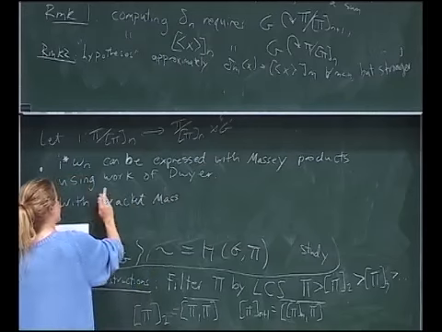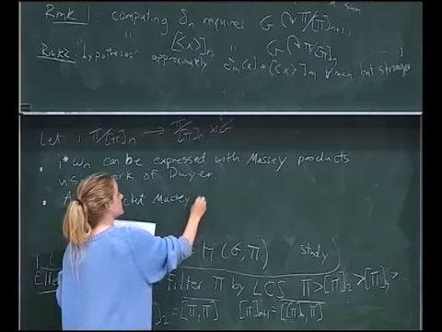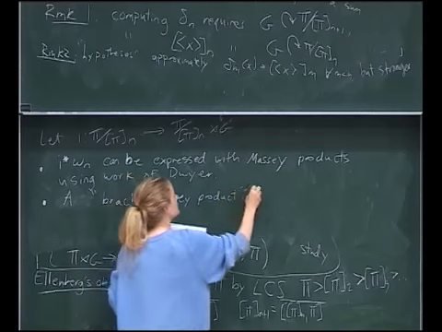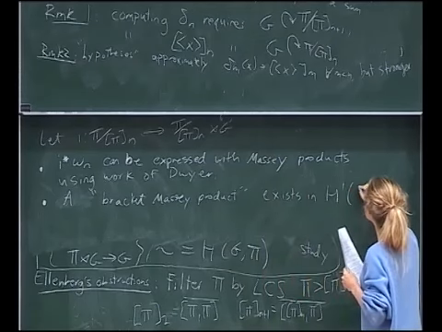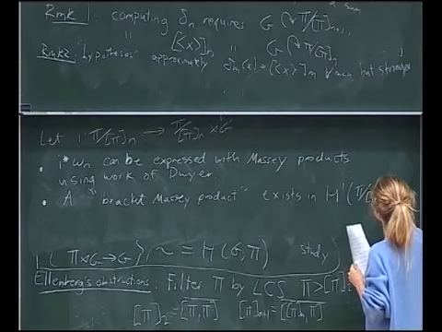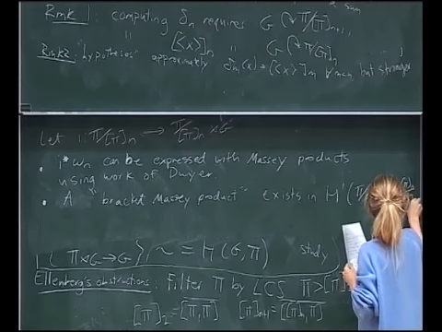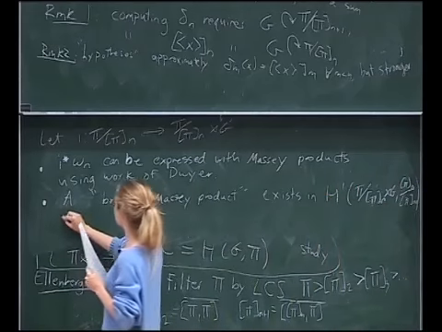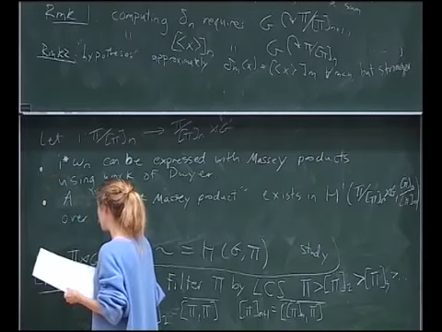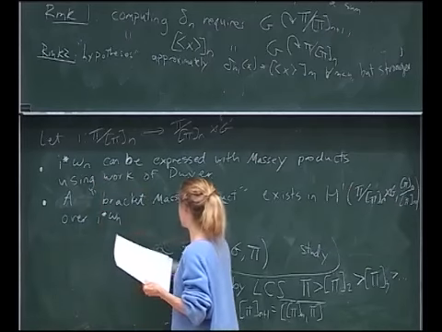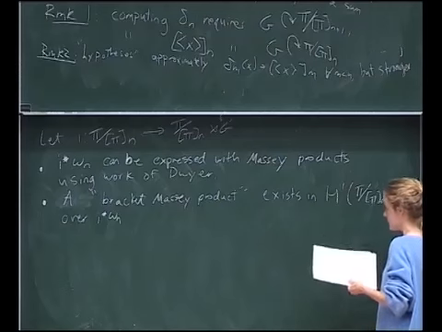With bracket Massey products, we can find a bracket Massey product that exists in H1 of pi n, G pi n plus 1 over the Massey product over I star omega n.